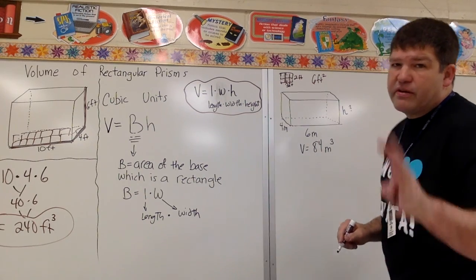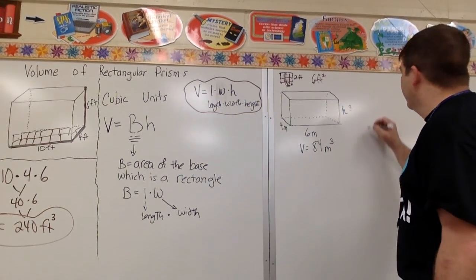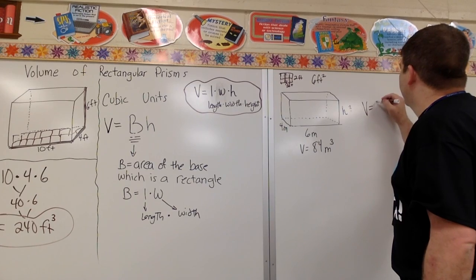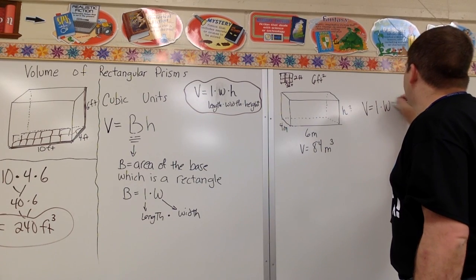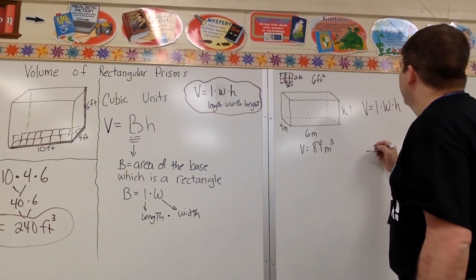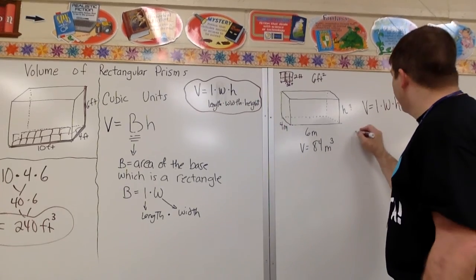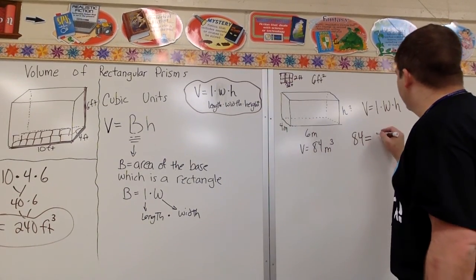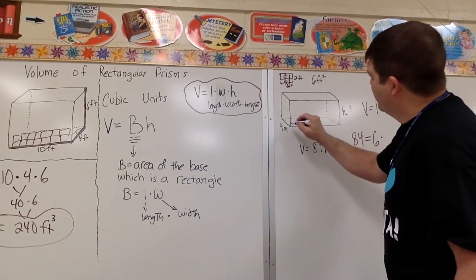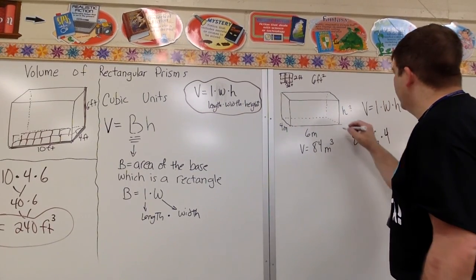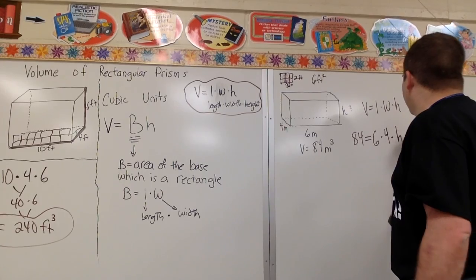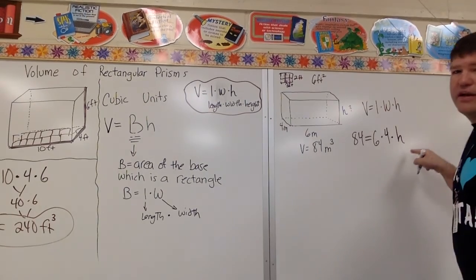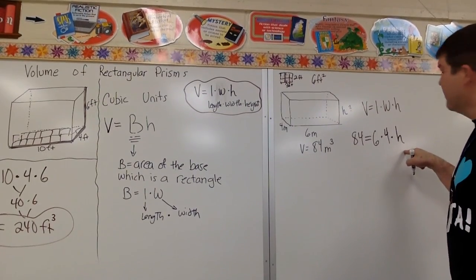So I'm going to write the formula. Volume equals length times width times height. So in this one, I have the volume, 84 equals, my length is 6 times my width is 4 times my height. Now, I just want to solve for h.